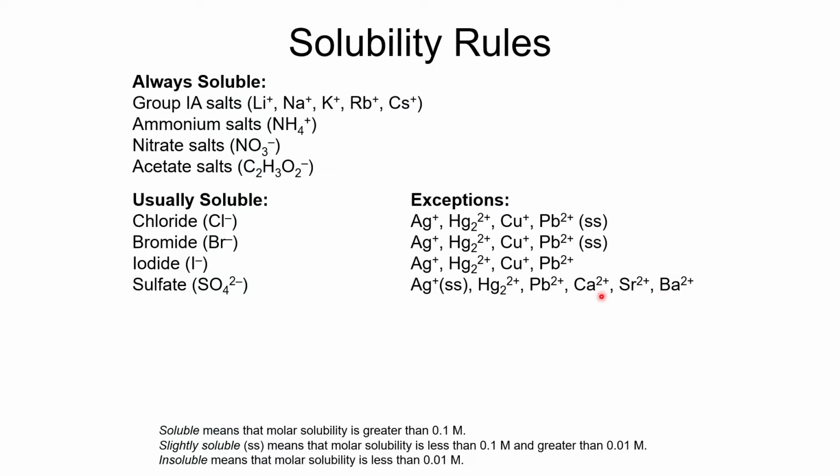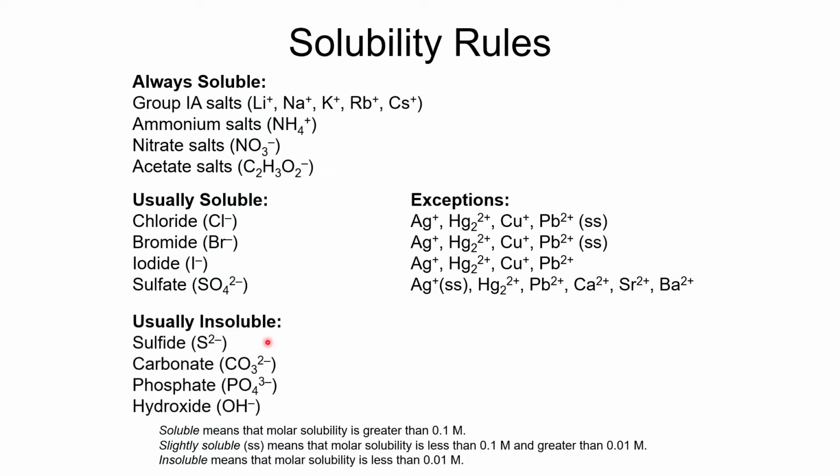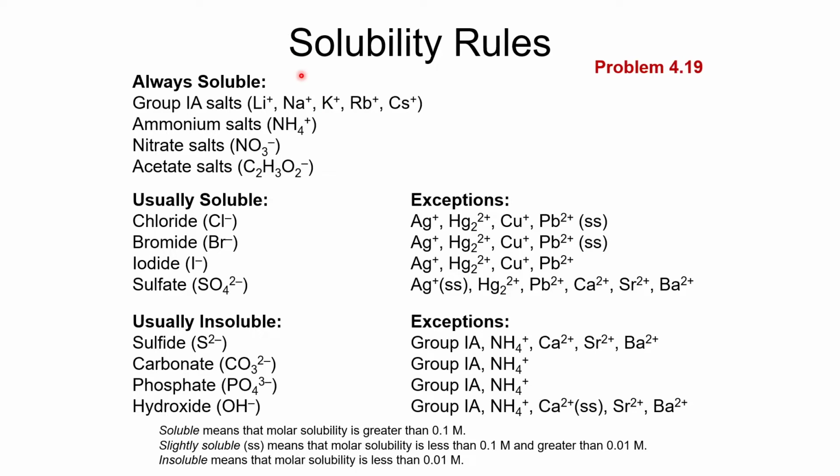All right. Now, the next part of this list, these are ions that are usually insoluble. So sulfides, carbonates, phosphates, and hydroxides. Most of the time, if you have ionic compounds that contain these, they are insoluble. The exceptions, though, are going to include, of course, the things that are up here.